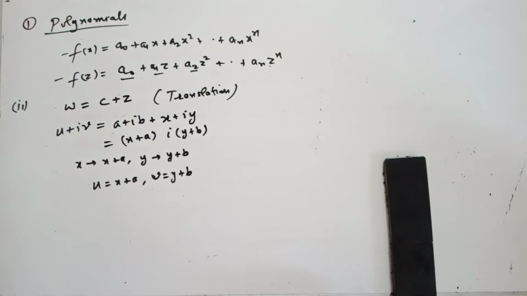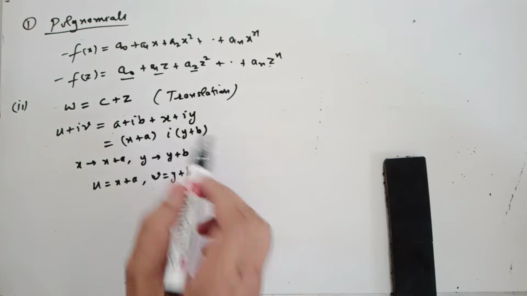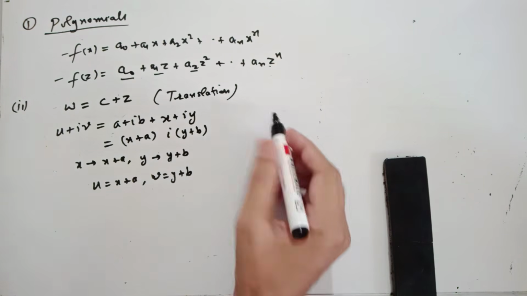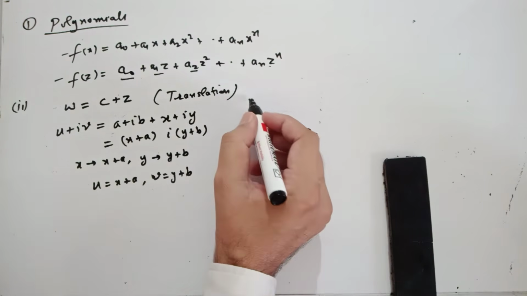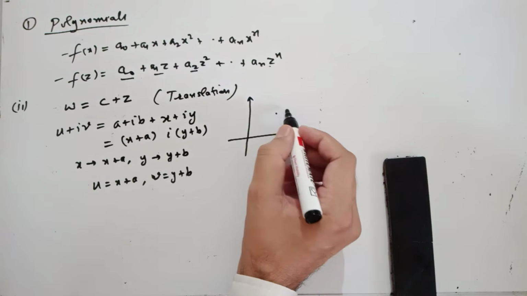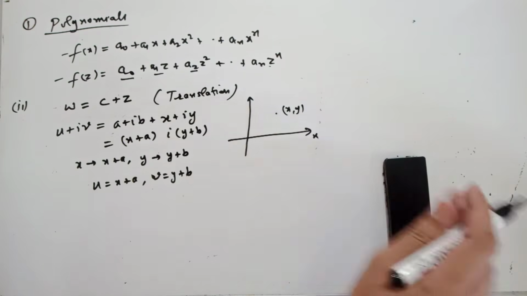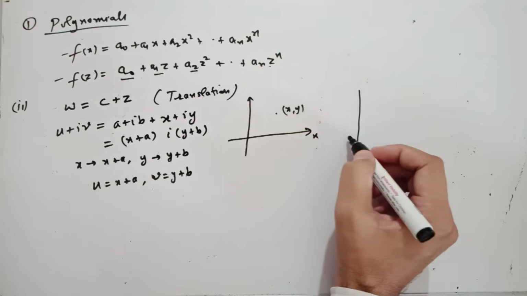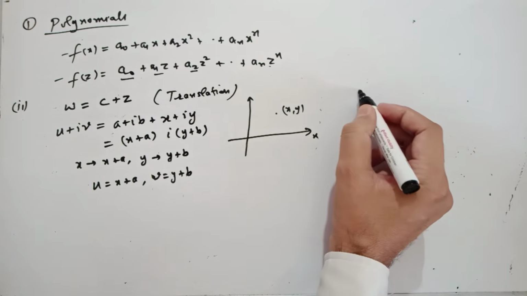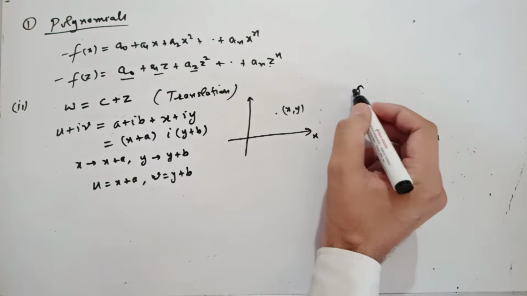Now try to understand what happens to the point xy. xy is a point in the xy plane, say here, and x plus A, y plus A, that point is in the UV plane.